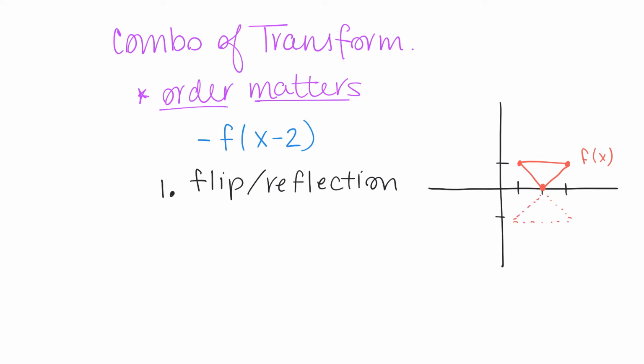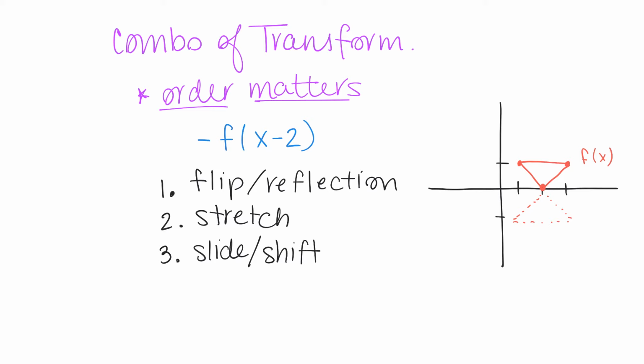And then what's going to happen next? Next, we would do any stretches. Do we have any stretches happening here? No, we don't. So our third thing is going to be our slide, or our shift, or our translation. In this case, we have a horizontal translation, so we are going to shift to the right by 2.